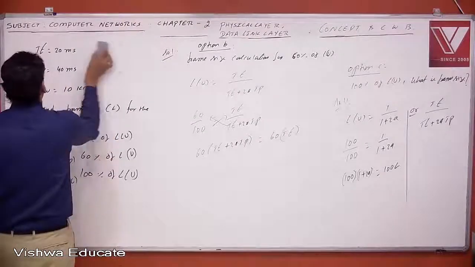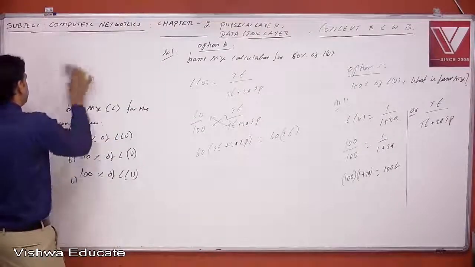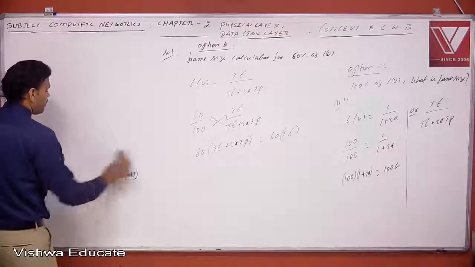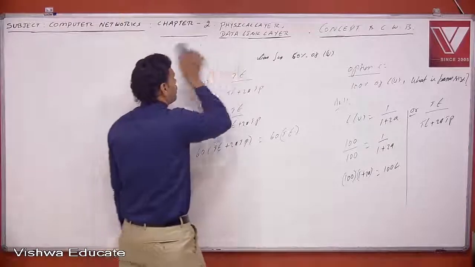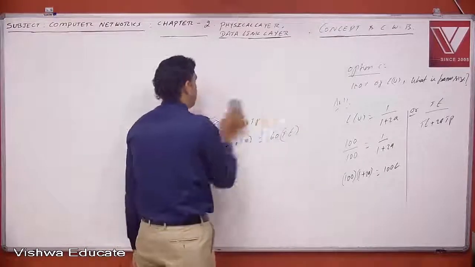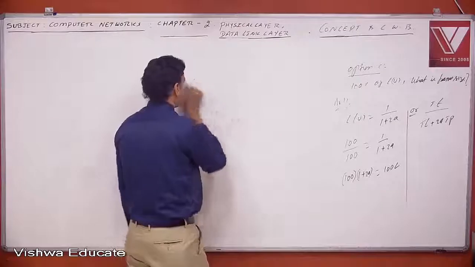Now we will see. So far we have used a simple expression, that is 1 by 1 plus 2a, when all delays are ignored.